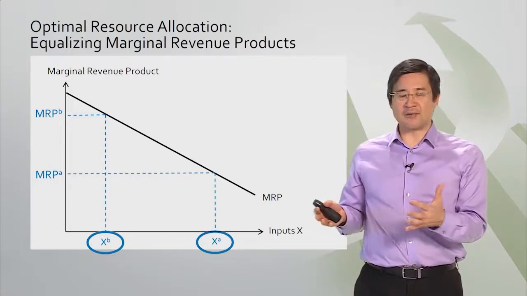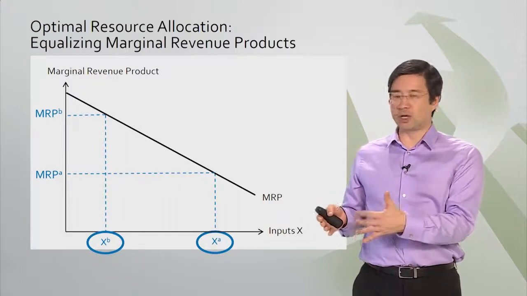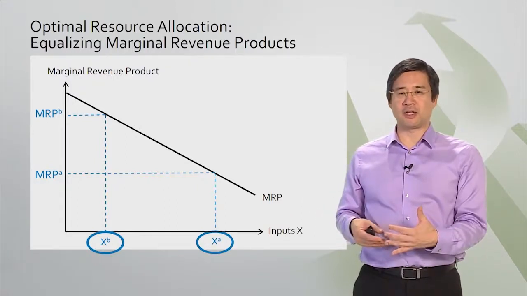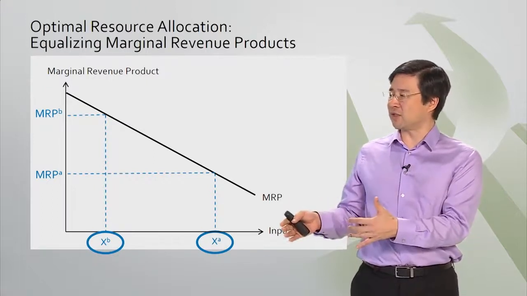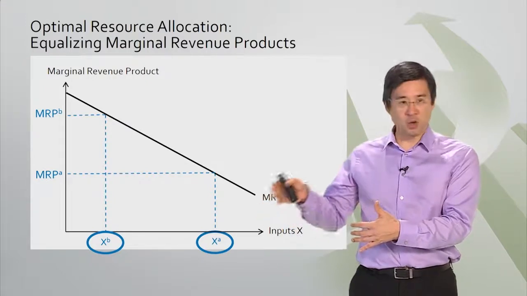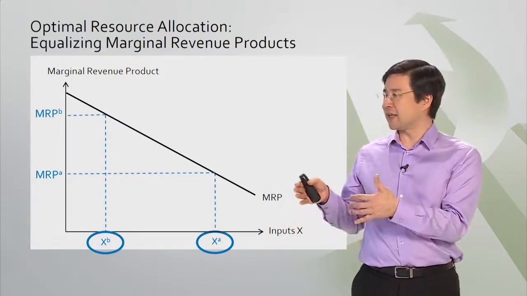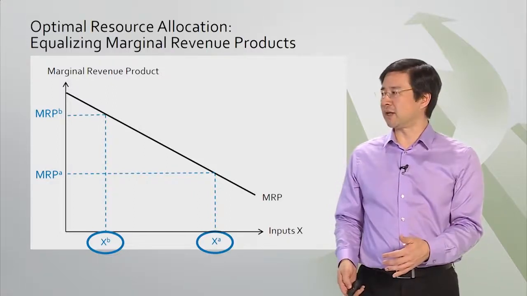It might be obvious from just looking at this picture that we could improve or increase overall output in this economy by simply taking away some of the resources from firm A, which has a lower marginal product, and giving those resources to firm B, which has a higher marginal product.